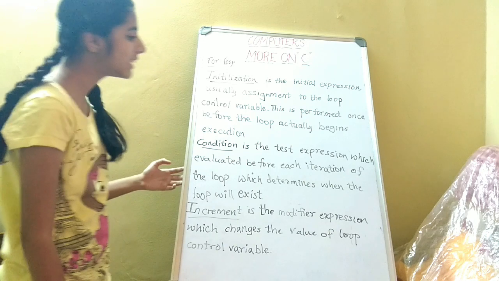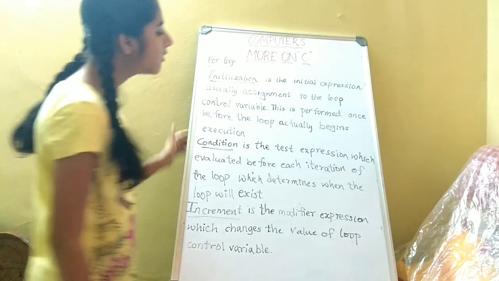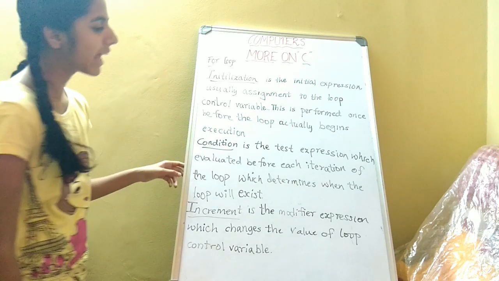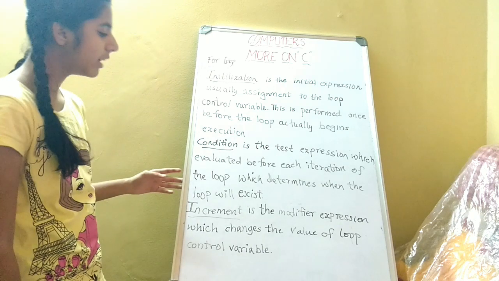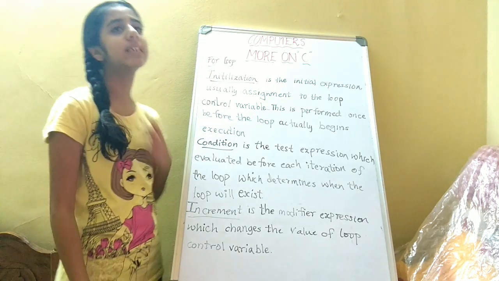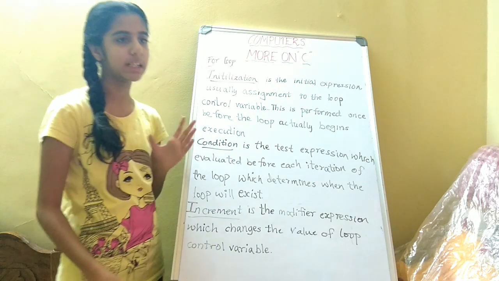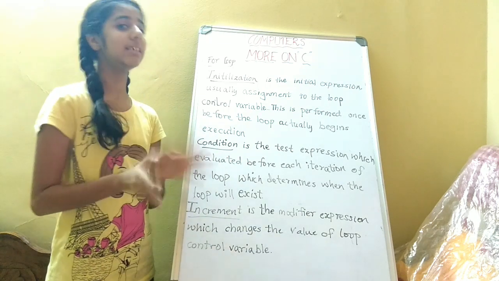Condition is the test expression which is evaluated before each iteration of the loop, which determines when the loop will exit. So the condition tests whether it is correct or wrong, and whether the loop exits or not.